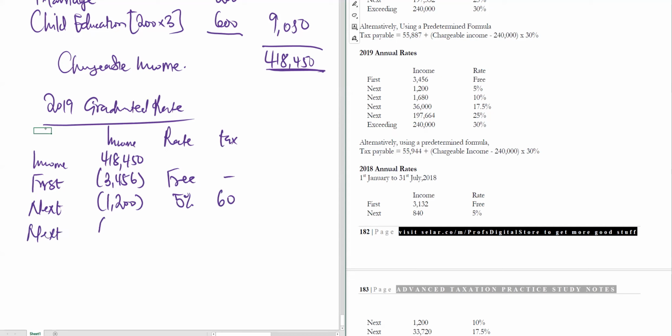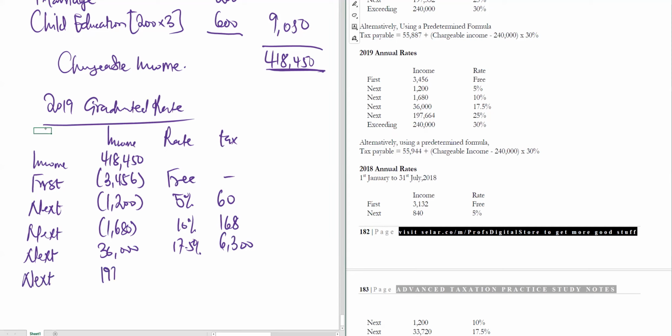We take the next 1,680, tax it at 10%, you get 168. We take the next 36,000, tax it at 17.5%. What do we get? 6,300.